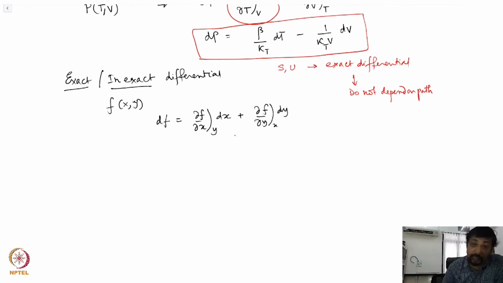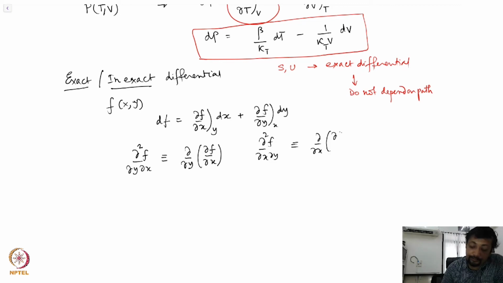But the function f is analytic. Therefore, if you take the second derivative of this function, which means del x del y of f, equivalent to taking a derivative del y of del f del x, and here you are taking a derivative del x of del f del y, they must be equal, right?